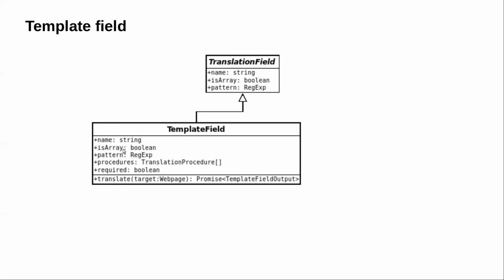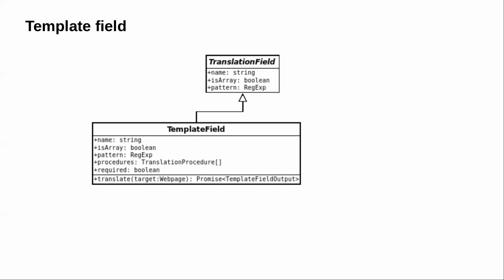But if it is the author last field name, then it might be an array because we might have multiple last names as the author. And it also includes a pattern. And this pattern is a regular expression that defines the validation for this specific template.